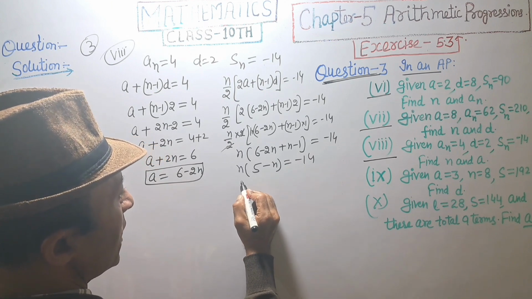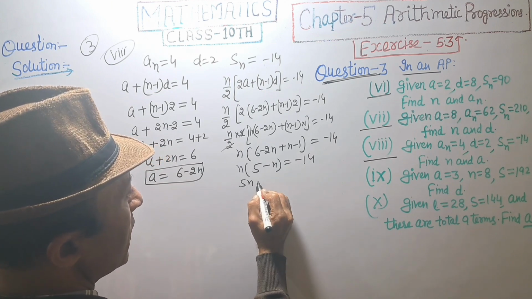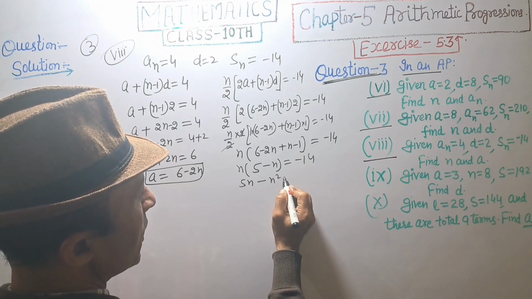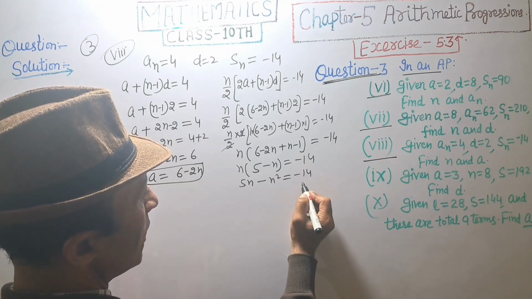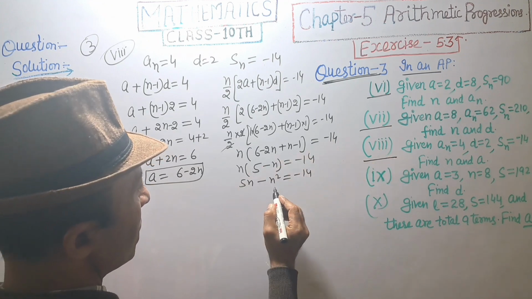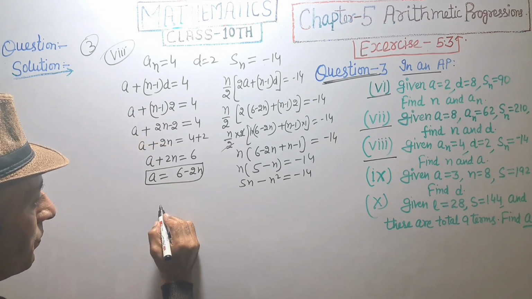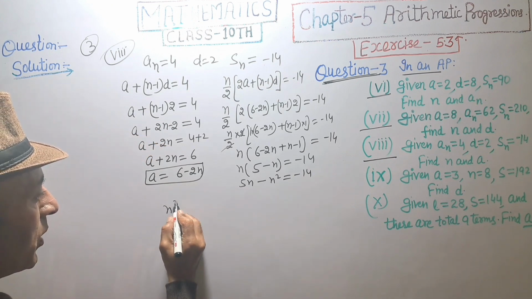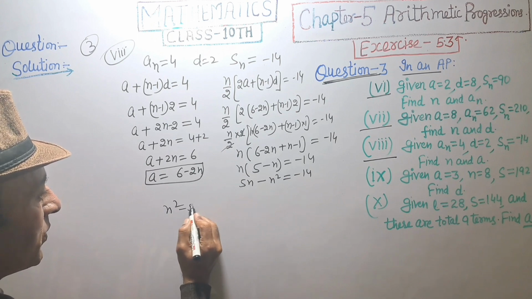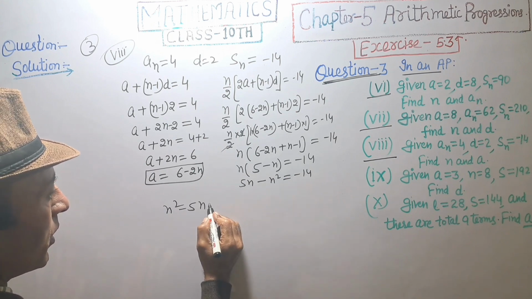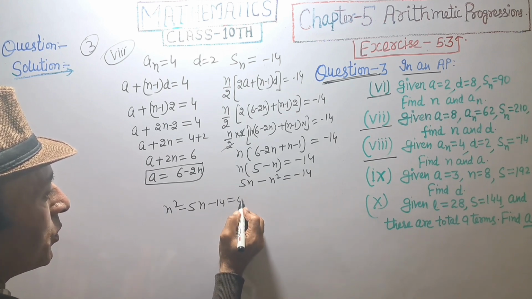It gives a quadratic equation. 5n minus n square is equal to minus 14. Shifting right side, we get n square minus 5n minus 14 is equal to 0.